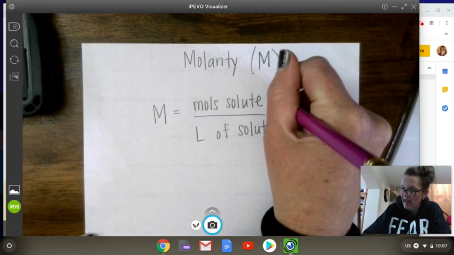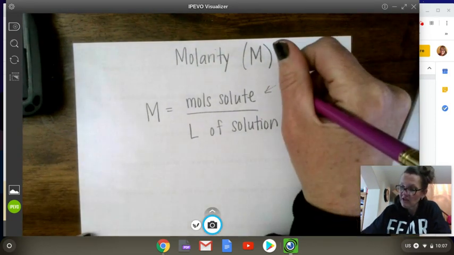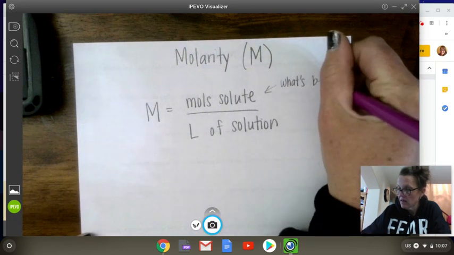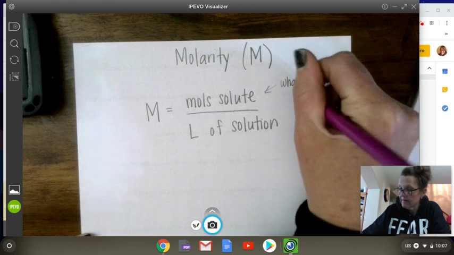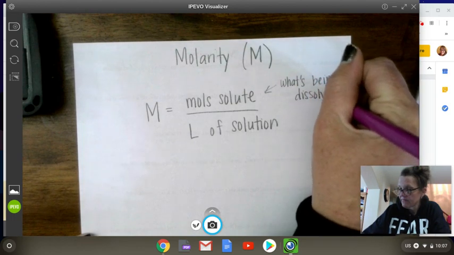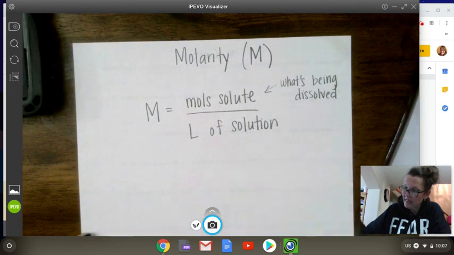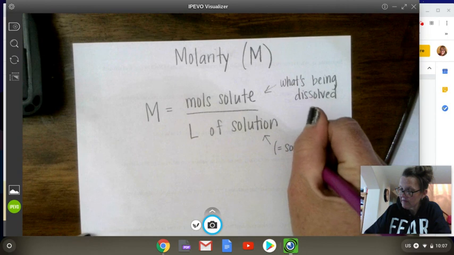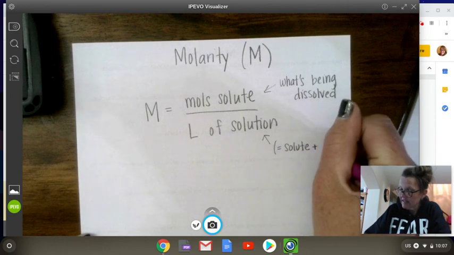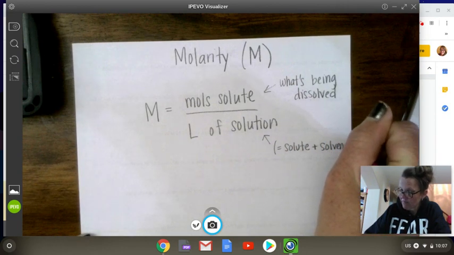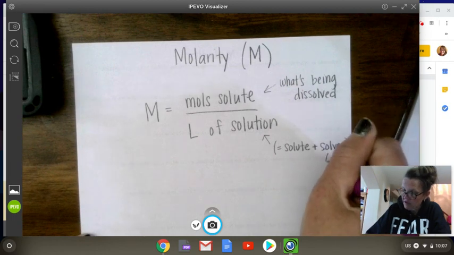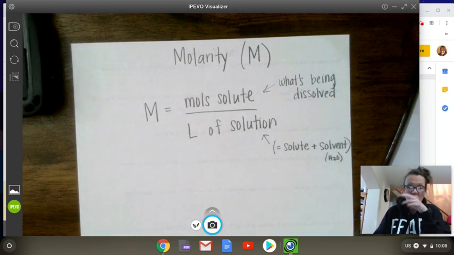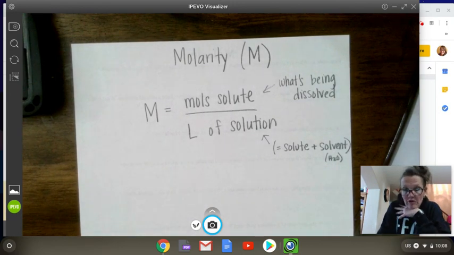And again, with vocab terms, the solute is what's being dissolved. And the solution, remember, is made up of the solute and the solvent, which is usually H2O. Okay, so that's our equation for molarity.